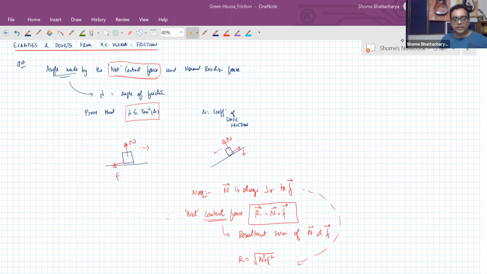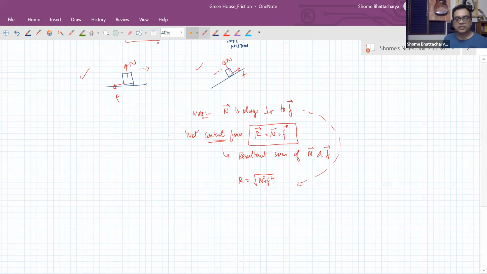Whether you're looking at this vector diagram here or you're looking at this one, the relationship between the normal reaction vector and the friction vector is that they are perpendicular to each other. So the resultant, whether it's like this or like this in the case of the inclined plane, the resultant sum of the two is this diagonal of this rectangle kind of thing, and this is the angle lambda that they're talking about.